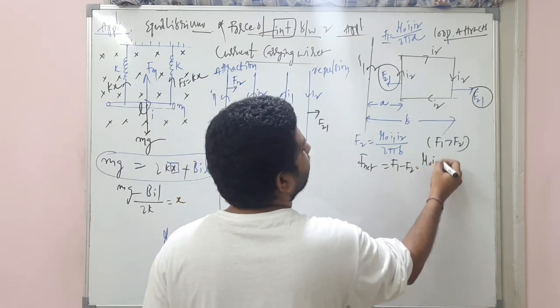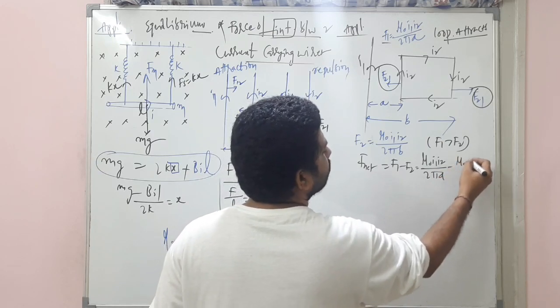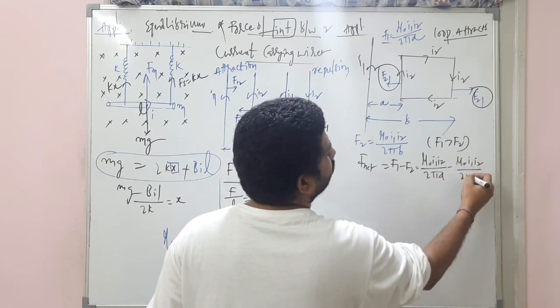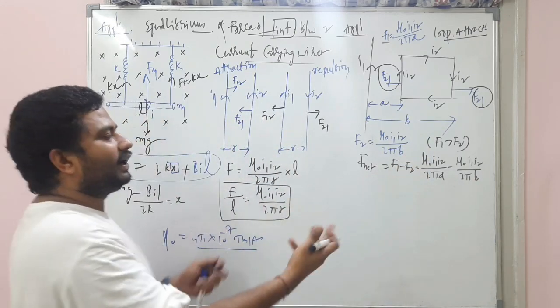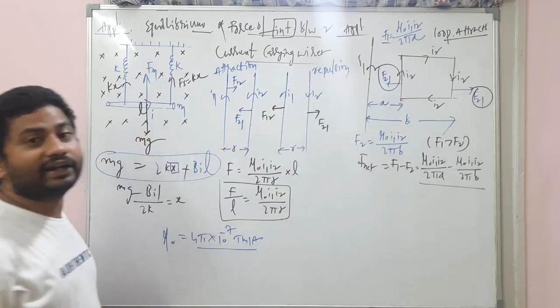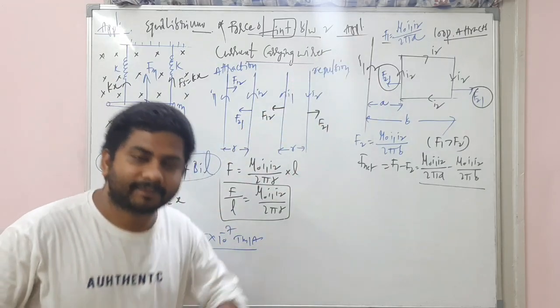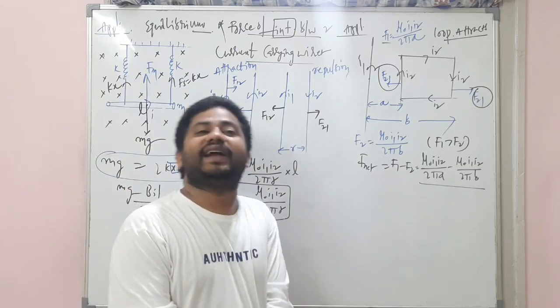F1 minus F2 is mu naught I1 I2 by 2 pi A minus mu naught I1 I2 by 2 pi B. You take mu naught I1 I2 by 2 pi common and you get it. So this is how the net force between the wire and the loop you can also find.